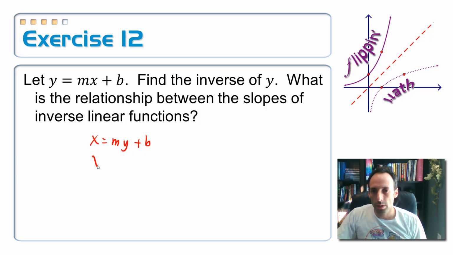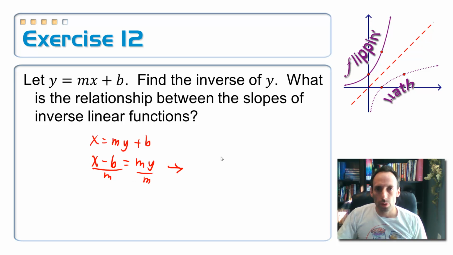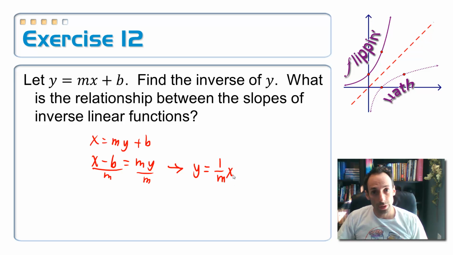Subtract over the b, x minus b equals my. And now let's divide everything by m. I'm going to rewrite this so it looks a little simpler: y is equal to 1 over m times x. Would you agree? Good. And then minus b over m.